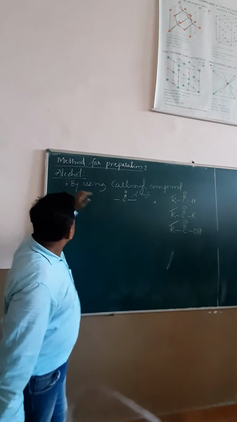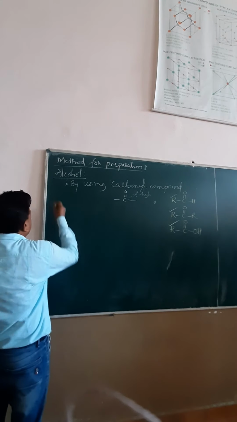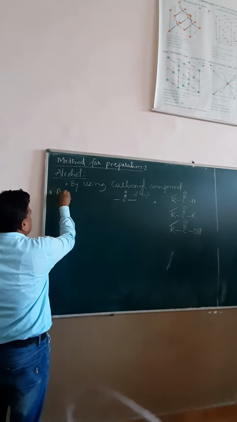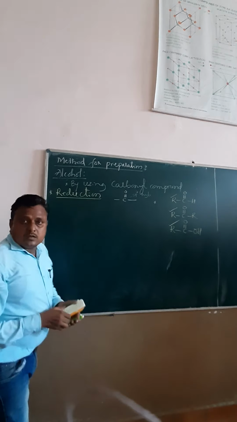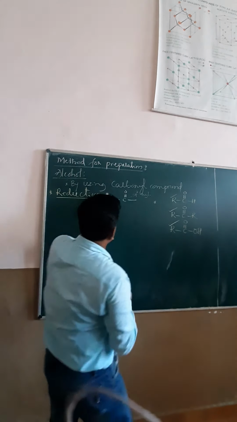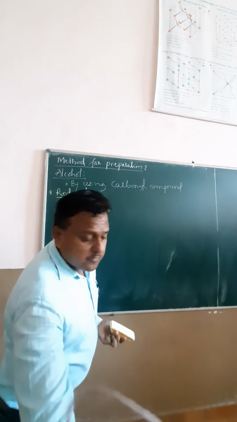We consider the preparation of alcohol by using a very interesting and important reaction, named reduction. Yes, we know reduction from first year PUC. What is the meaning of reduction? We have several definitions.